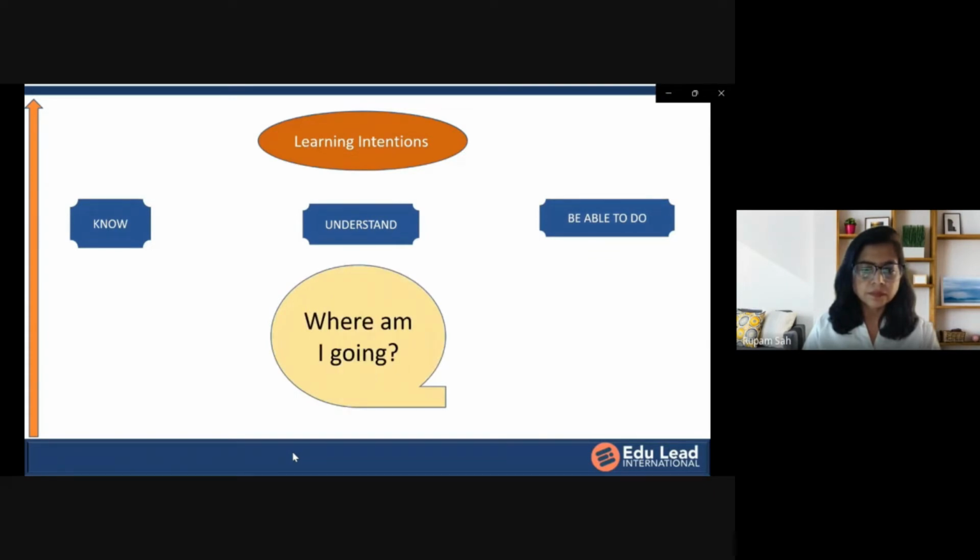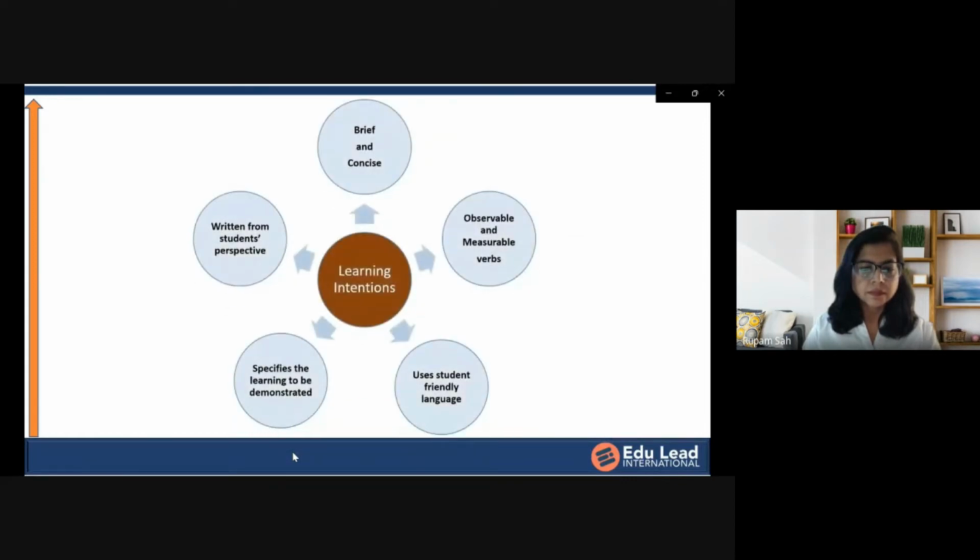And let's see some of the salient features of learning intentions. Learning intentions should be very brief and concise statements. They should be written in a student-friendly language, and also it should be very specific, demonstrating what kind of learning is going on. So therefore, it should use observable and measurable words.